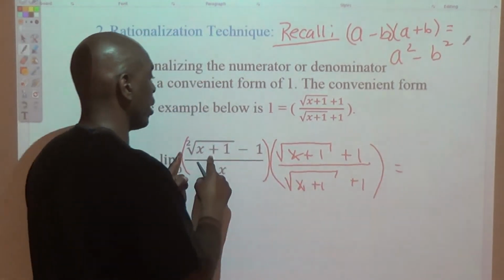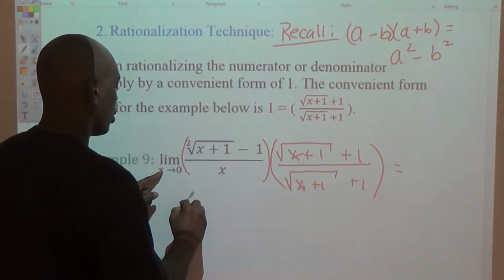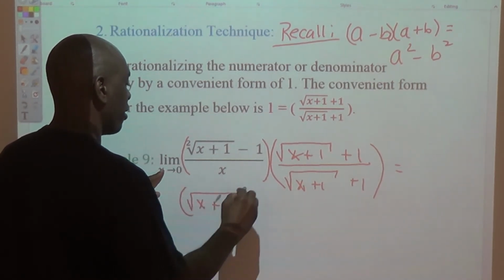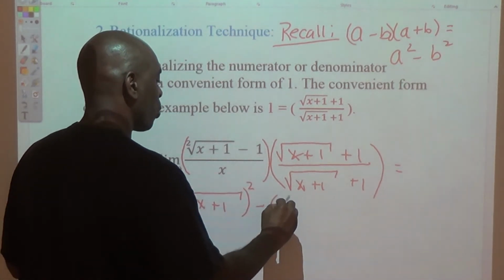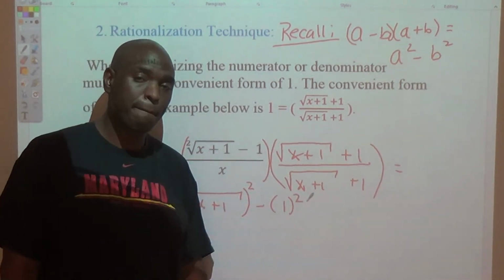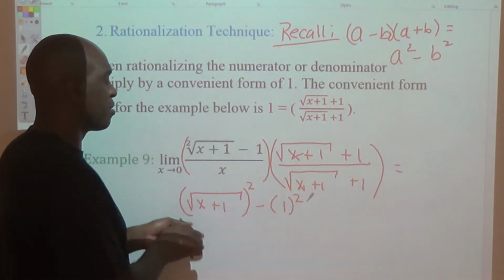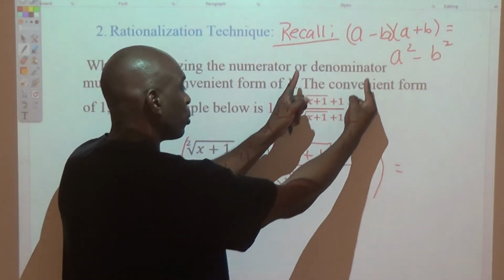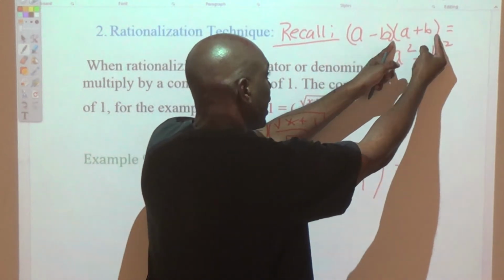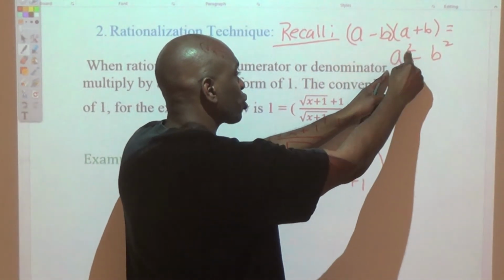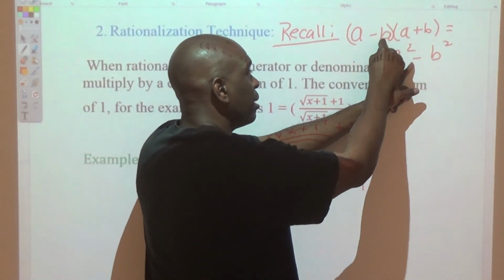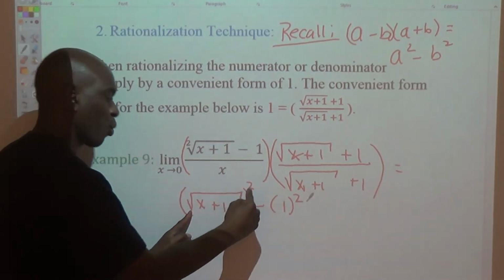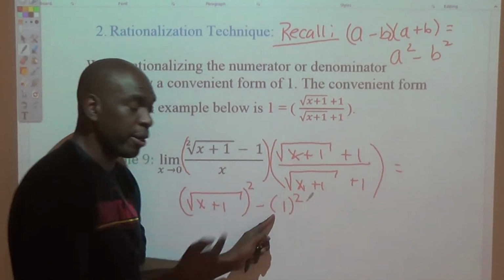So when I multiply my numerators, I'm going to get the square root of x plus 1 squared minus 1 squared, because this numerator times this numerator follows a minus b times a plus b, which is a squared minus b squared.